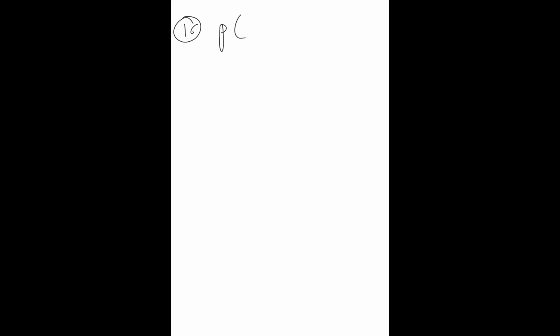So the probability of favoring a particular decision is 70%, which is 0.7, and the probability of opposition is 30%, which is 30 upon 100, which is 0.3.